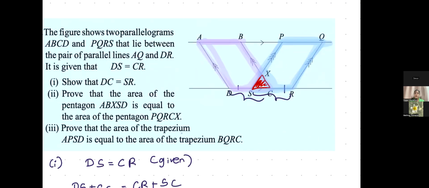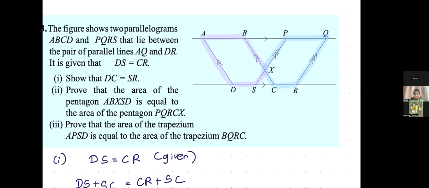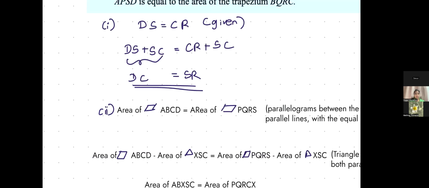Finally we proved that the area of pentagon ABXSC is equal to the area of pentagon PQRCX. To both of them I will add the triangle BPX. Let's see what happens.